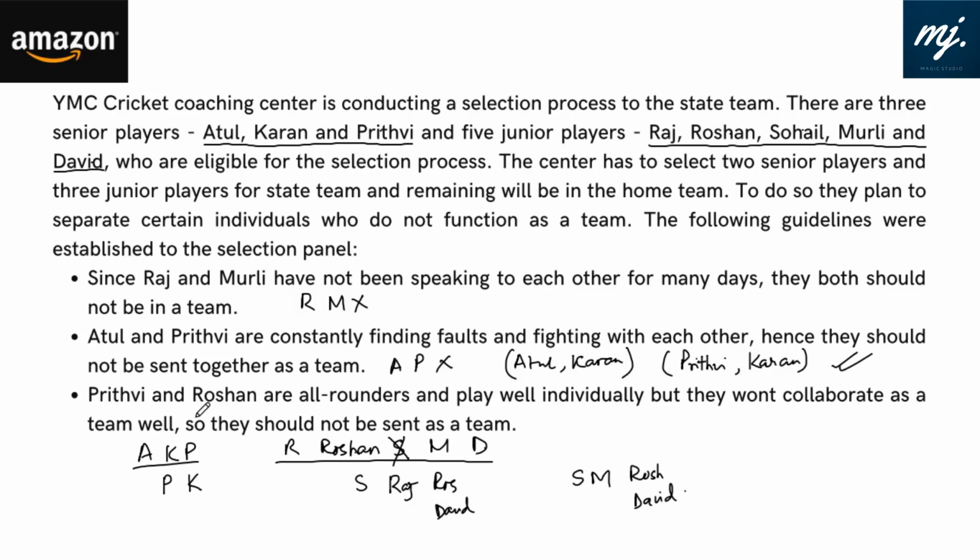But it is given that Prithvi is not going to work out with Roshan. That means this case won't work. Roshan cannot be selected. Roshan is outrightly out. So we can have Prithvi, Karan, Sohail, Raj, David, or Prithvi, Karan, Sohail, Murli, David. We can have different teams in two ways.